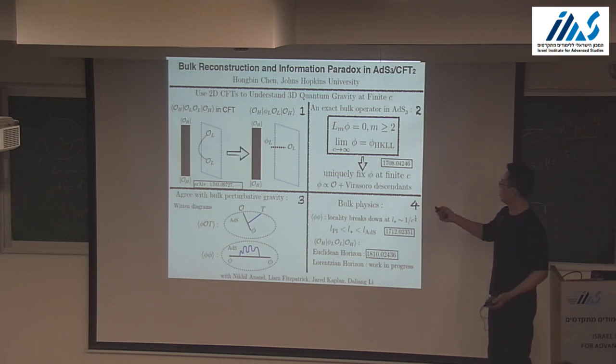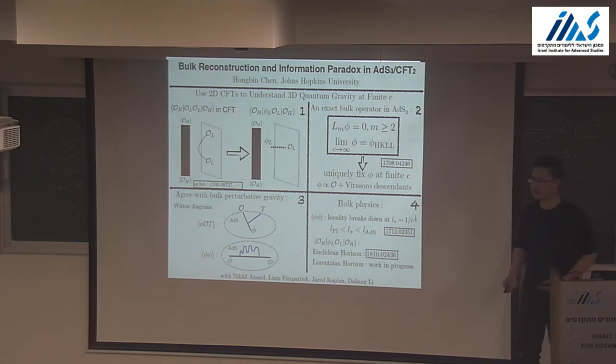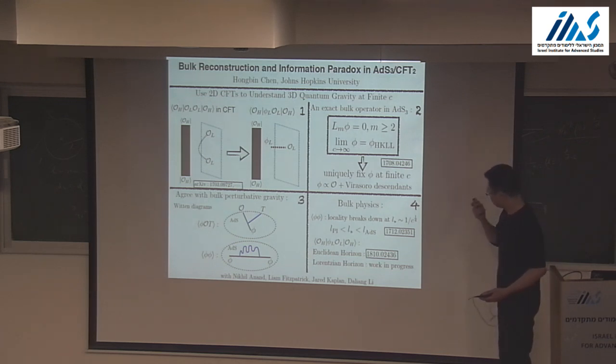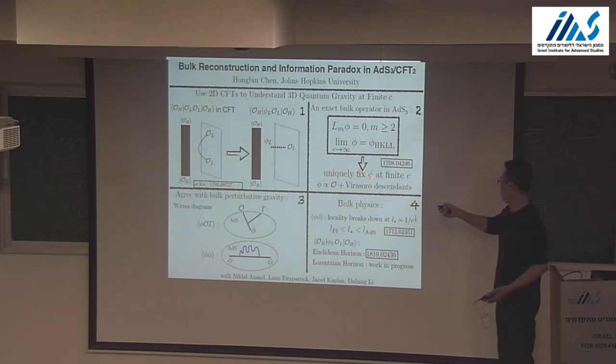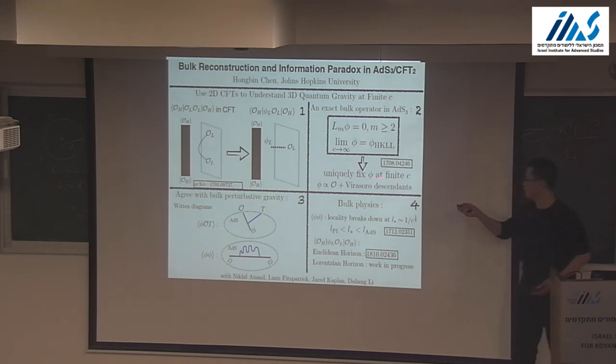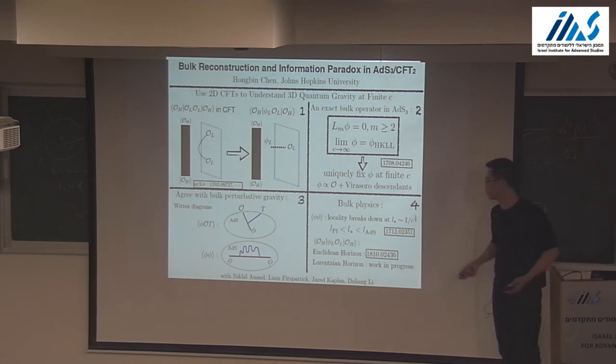It turns out that in AdS3/CFT2, this is possible to do by using the Virasoro symmetries of the 2D CFT. We show in this paper that these conditions uniquely fix phi at finite central charge, and this includes all the gravitational interactions.